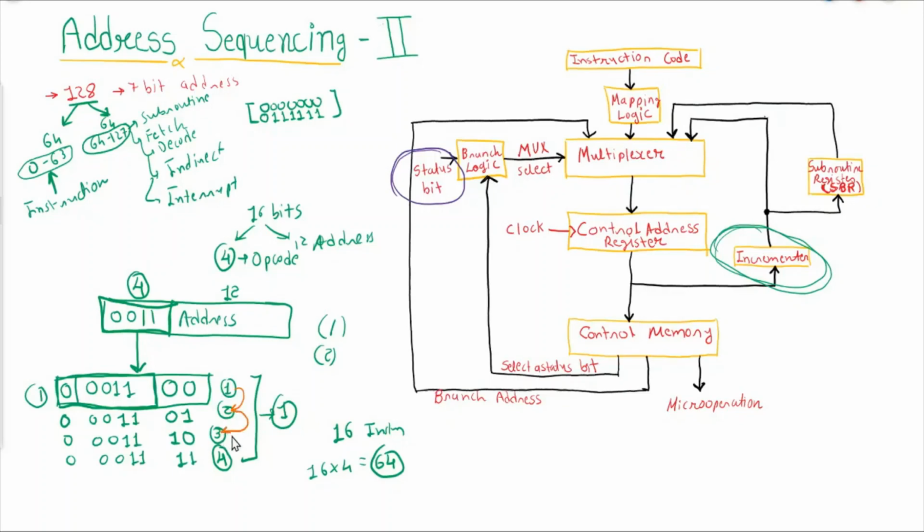Once the instruction is over, it will automatically go to the routine of fetch and decode. Now that routine will be stored into the remaining half portion of memory, which is 1 all 0 to 1 all 1.